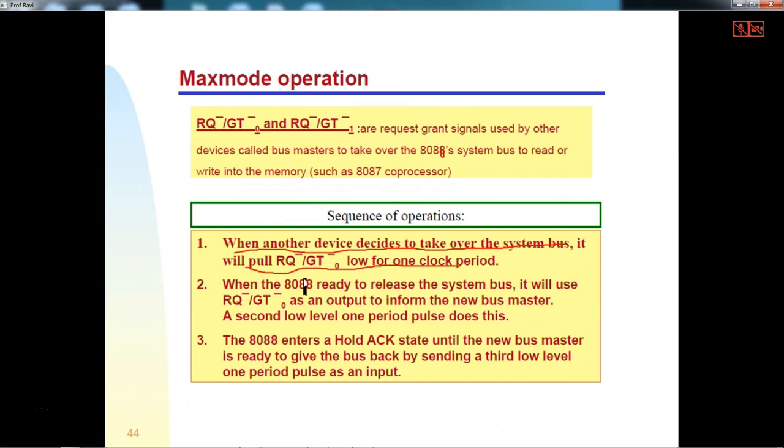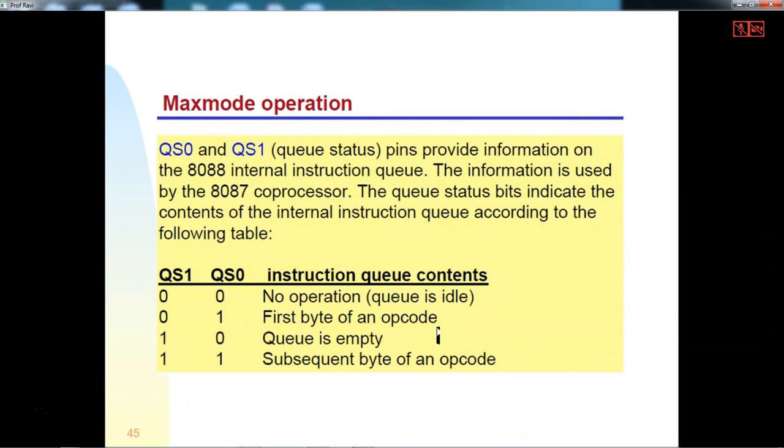When the 8086 is ready to release the system bus, it will use RQ/GT as an output to inform the new bus master, with a second low level, one period pulse. That means it grants the permission. Then the 8086 enters a hold acknowledge state until the new bus master is ready to give the bus back by sending a third low level, one period pulse input. So these are the steps of what happens, and that is about these pins.